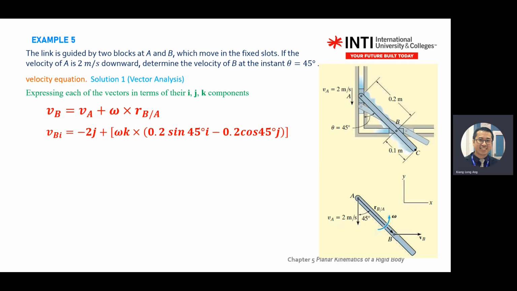Show your friend how to get k going outward. Positive. Okay, sorry, this way. Is it positive or negative? It's going this way. You understand right hand rules or not?